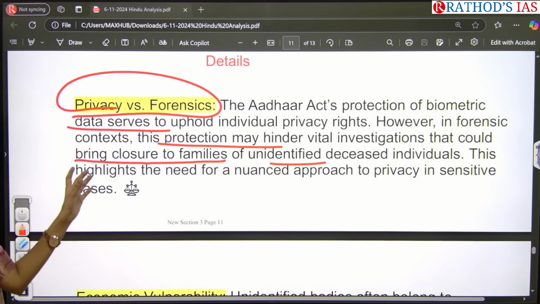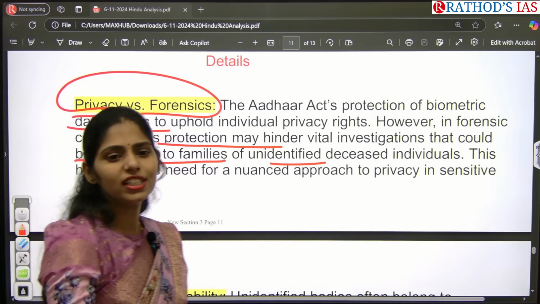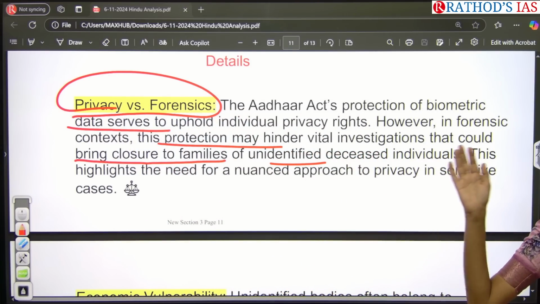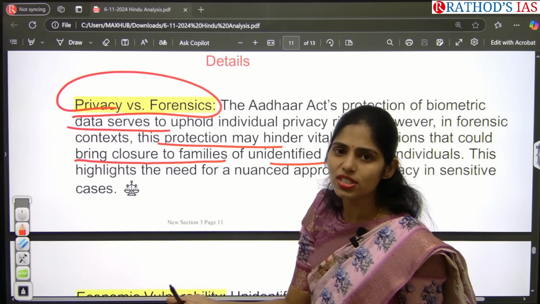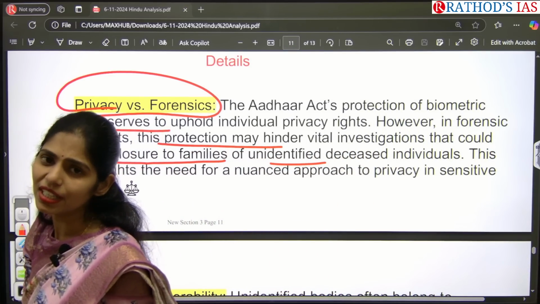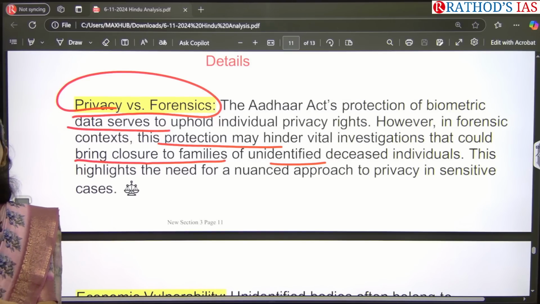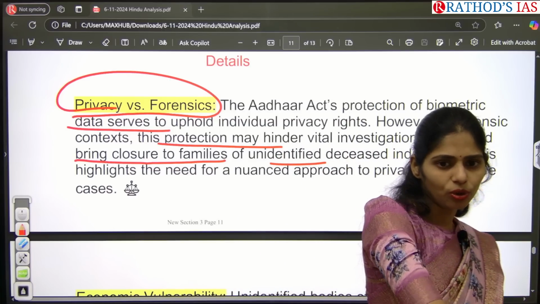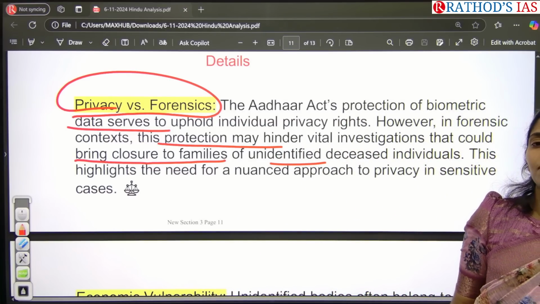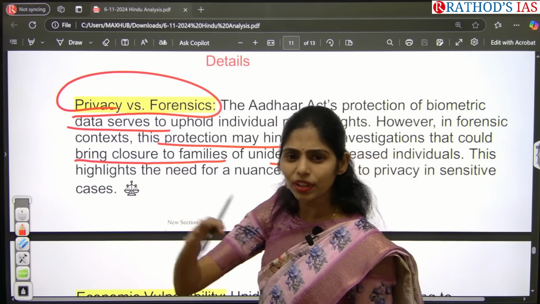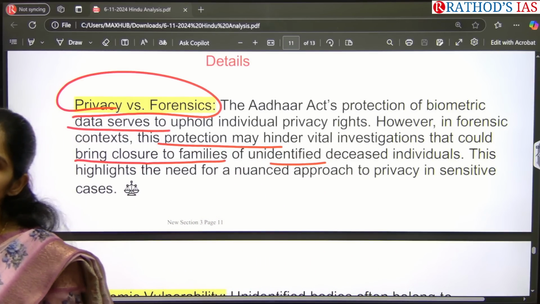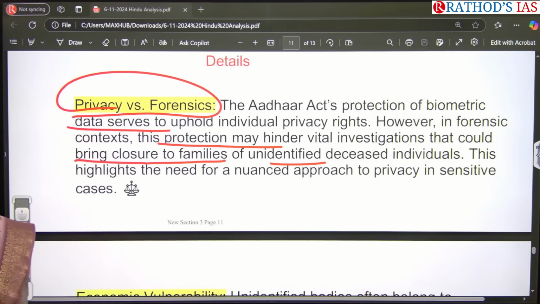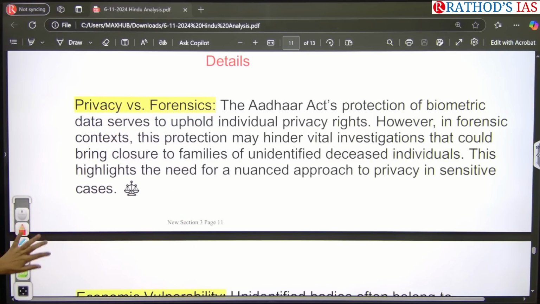So this will be helpful, especially to solve this case, and even we can ensure if there is any deceased person who comes to any hospital or if there is any deceased person who is staying on the roadside. So if you are using this biometrics of this Aadhaar, we can identify the state to which he belongs and we can try to make that person go to his home. Especially there are mentally challenged people who will be roaming on the road here and there. So they belong to normally very low socio-economic vulnerable backgrounds. So this data will be very helpful for chasing those kind of cases.